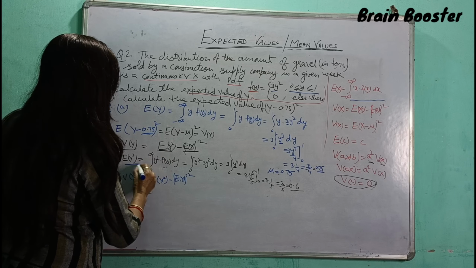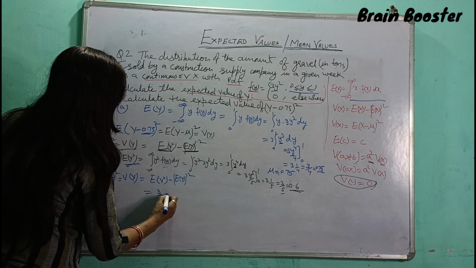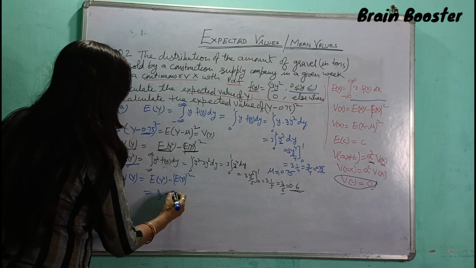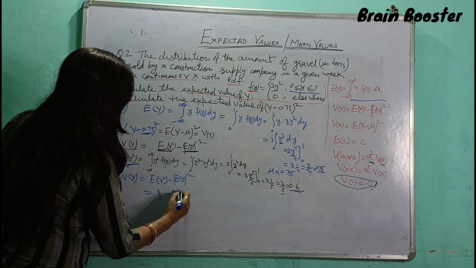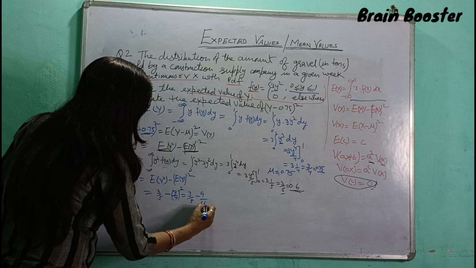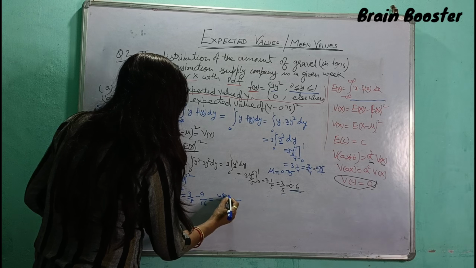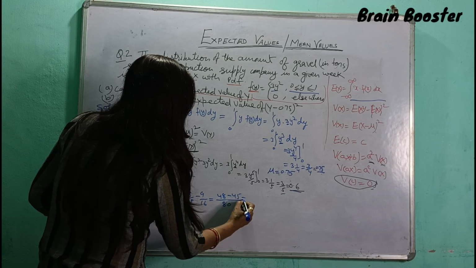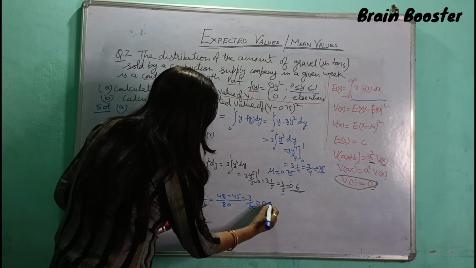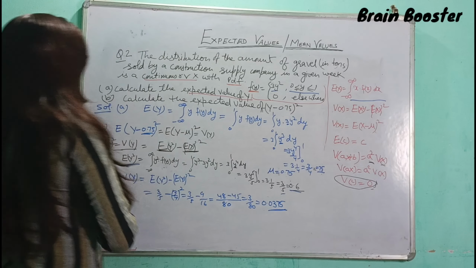E(y square) is equal to 0.6, or you can write 3 by 5, minus E(y), which is 3 by 4, whole square. That means 3 by 5 minus 9 by 16. LCM of this is equal to 80. 16 times 3 is 48 minus 9 times 5 is 45, so 3 by 80, or 0.0375. Okay, this is your answer.